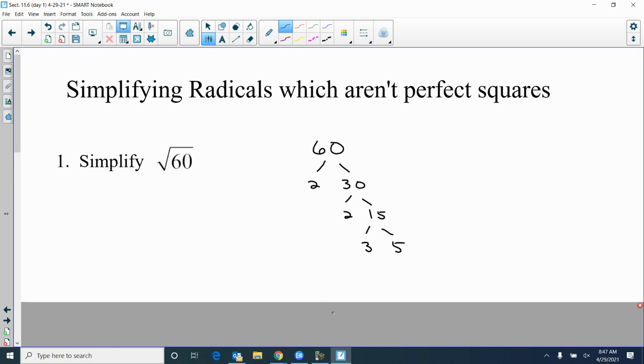Can I do anything else with it? No. So underneath the square root of 60, we're going to write the prime factorization and put it in the order that's easiest. So I'm going to write 2 times 2 times 3 times 5.